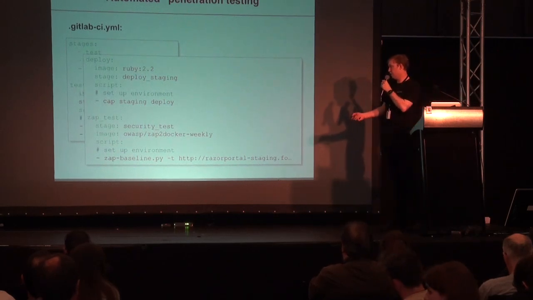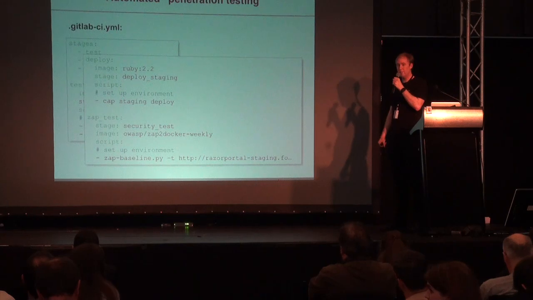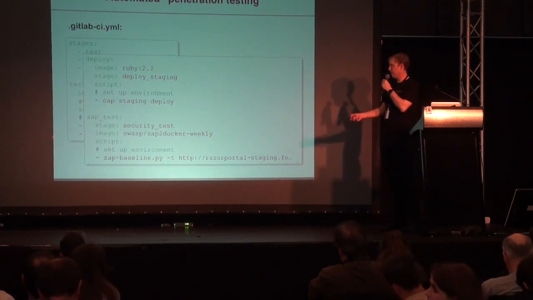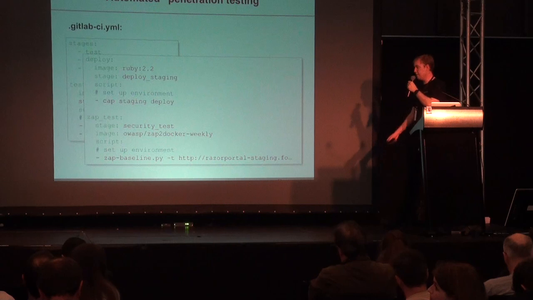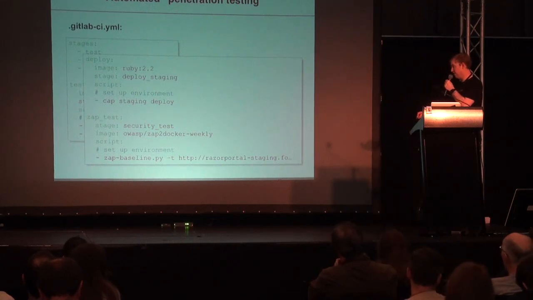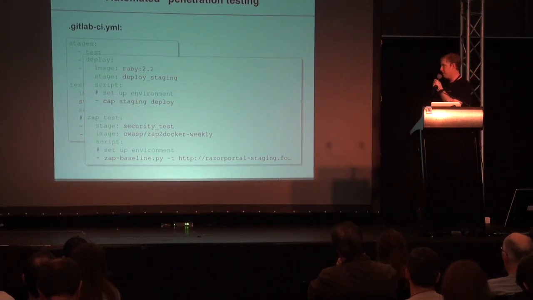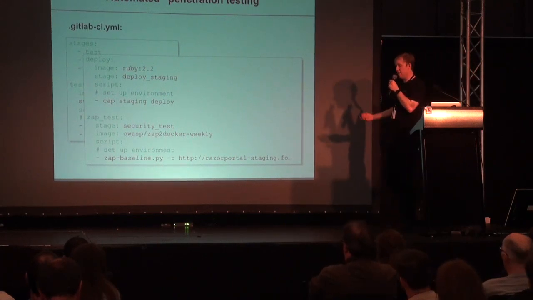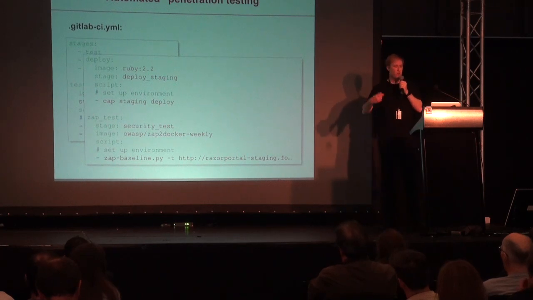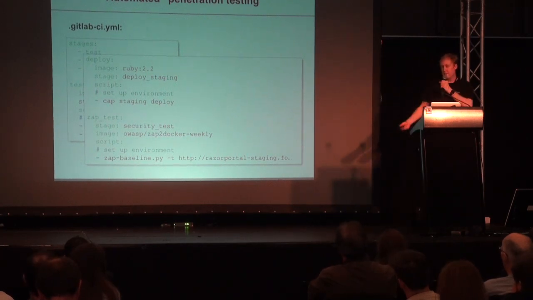Then OWASP supply a ZAP Docker image, so I load that with the image syntax in GitLab. And then I literally just run a single command in there, passing it the URL of the staging environment that I've just deployed to, and that'll run a whole battery of relatively basic tests against the site.